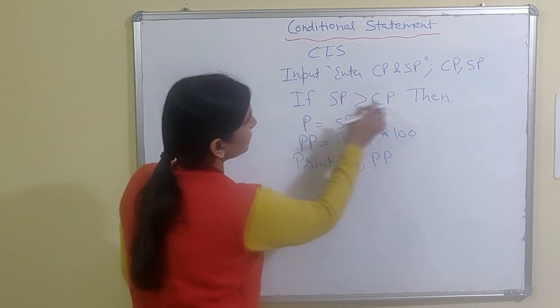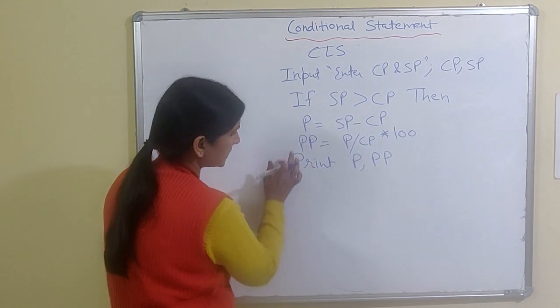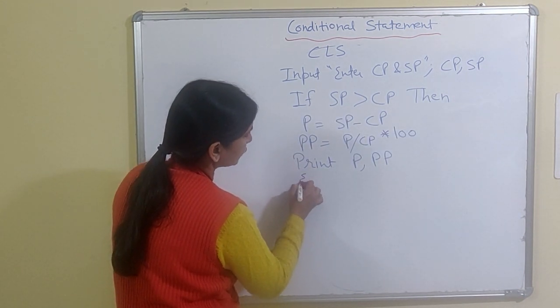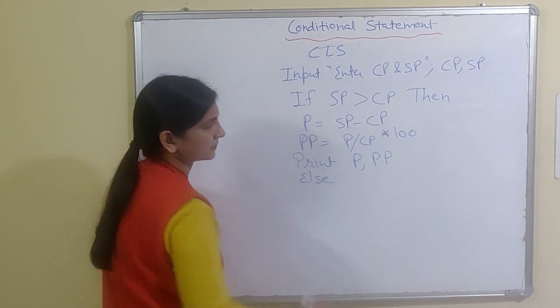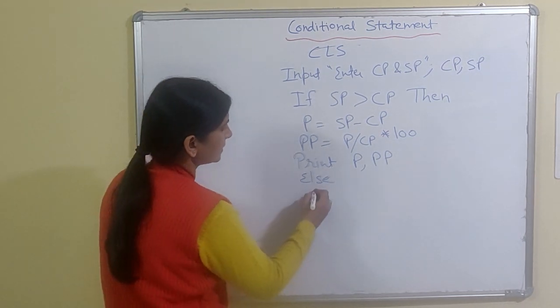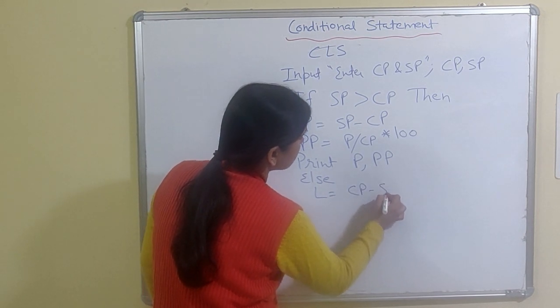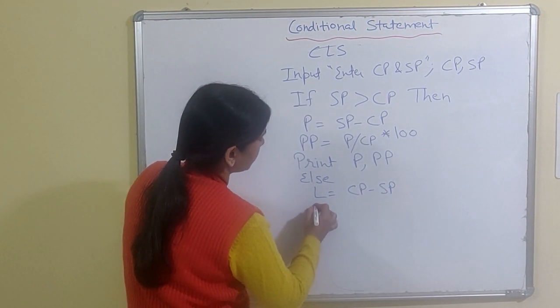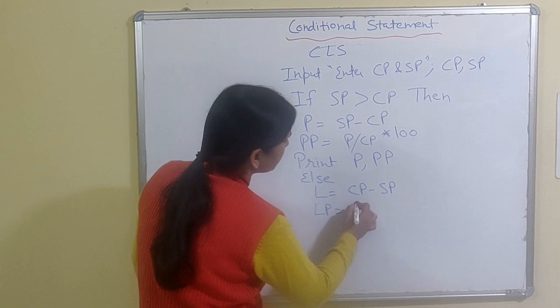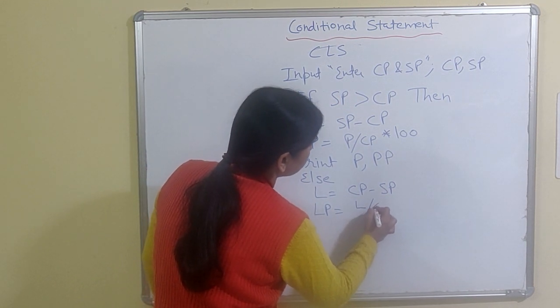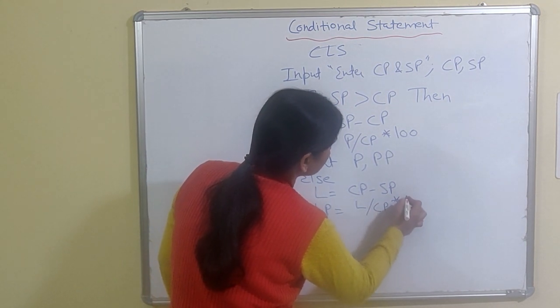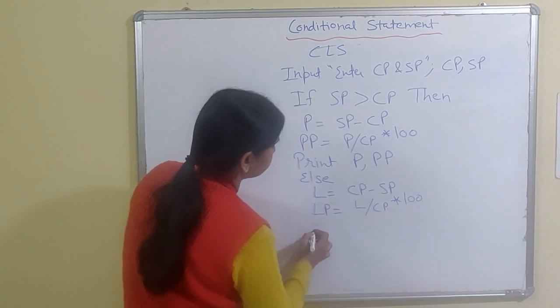else, otherwise it will go to the else. Else loss equals to CP minus SP. Loss percent equals to L divided by CP into 100.